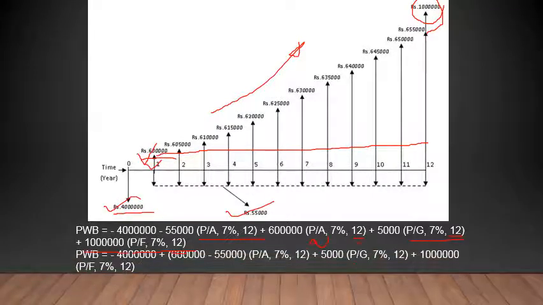Substitute the values from the factor table. Get the answer. PWB is equal to 959525. Okay. So now write the answer conclusion.